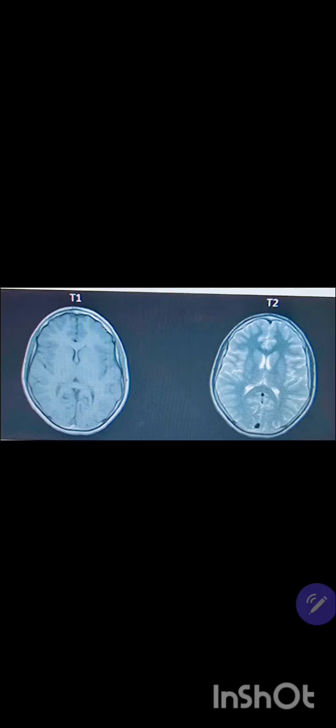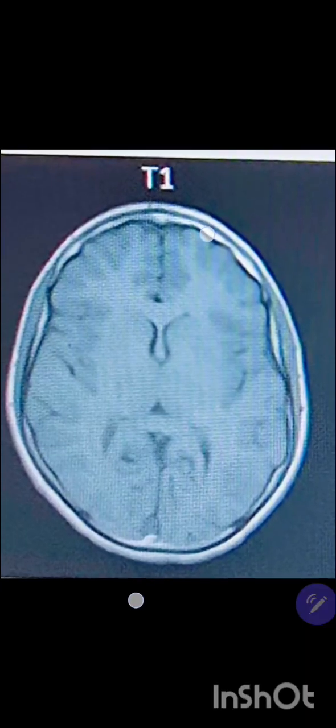In the case of T1, we can see that the periphery, the layer of fatty tissue present on some sides of the brain surface, is bright in appearance, and the other inner structures have very little contrast, but all the structures are visible.